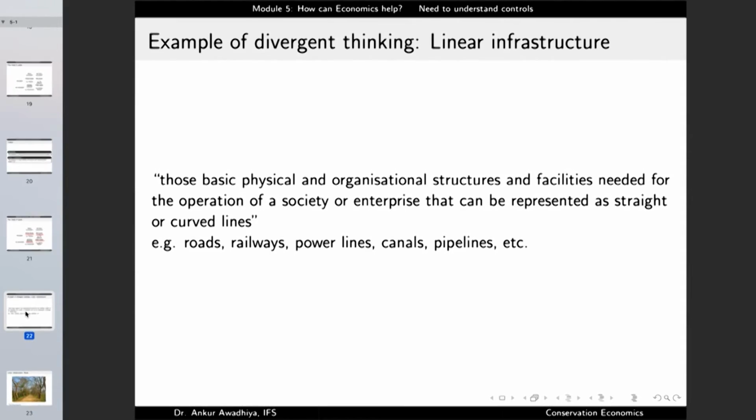Now, linear infrastructure refers to those basic physical and organizational structures and facilities that are needed for the operation of a society or enterprise. So, this much is the definition of an infrastructure. But linear infrastructure means that they can be represented as straight or curved lines.